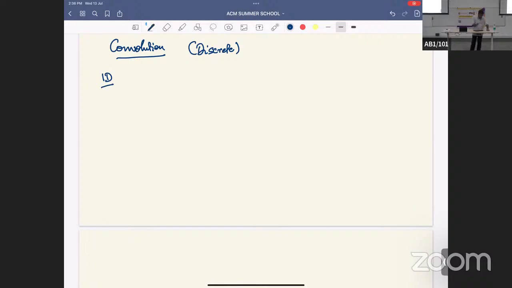So tell me one thing, a very basic question. Suppose I call the first one x1 of n, which is of length n1, right? And x2 of n is the second sequence, which is of length n2. Okay. Suppose you want to do the convolution of these two and get another sequence. The symbol we normally use is y of n equals x1 of n convolved with x2 of n.